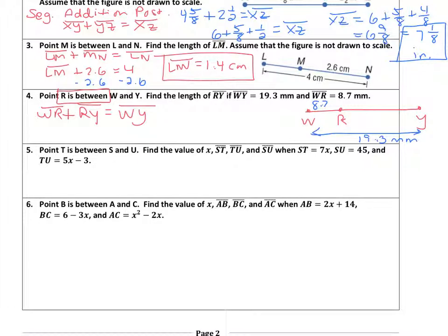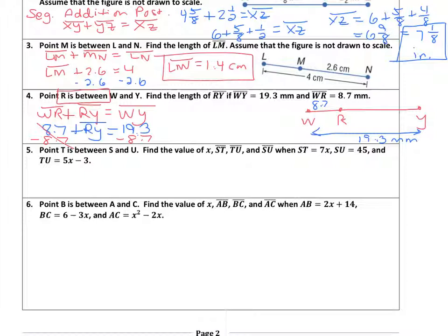Substitute. WR is 8 7/10. We're looking for RY, that's our unknown that we're trying to solve for, and WY is 19 3/10 millimeters. If I'm trying to isolate or solve for RY, we're adding this 8 7/10, so we're going to subtract, would be the inverse operation. Subtract 8 7/10 from both sides.